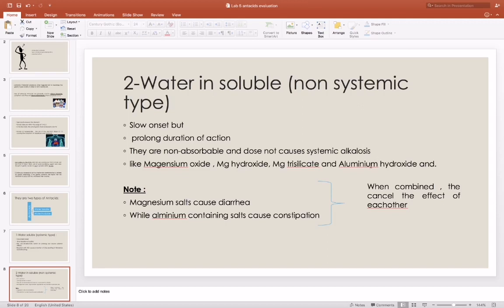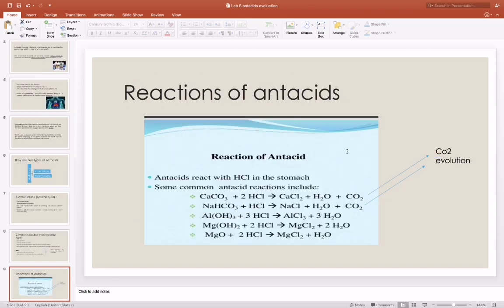Aluminium salts, whether they are aluminium hydroxide and so on. بالنسبة لهذا التايب reaction of this type with HCl will not evolute CO2, so we don't have the bleaching and the flatulence that is associated with the previous class. لكن هي مو خالية من undesirable effects. مثلا أن المغنيسيوم salt causes diarrhea والaluminium salt causes constipation. لكن في حالة combining these two antacids together they will cancel the effect of each other.